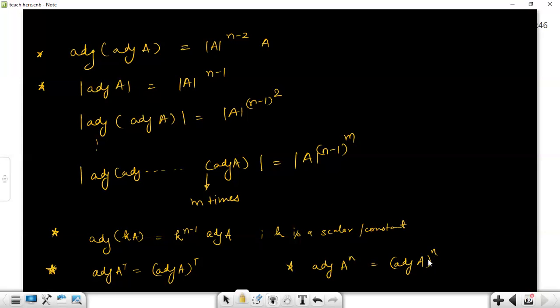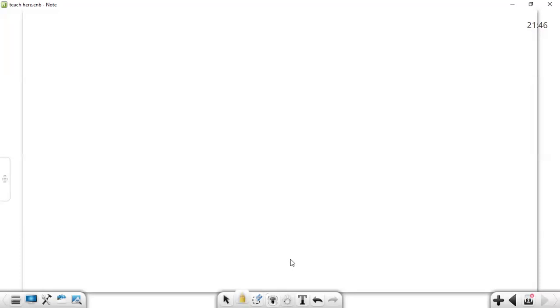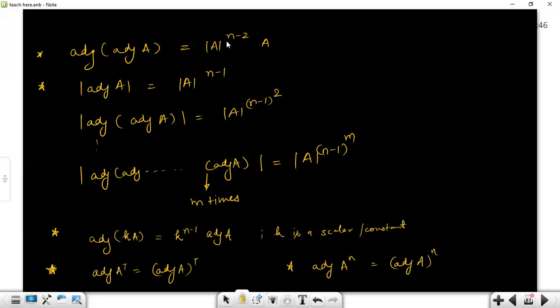Please read. If there's any doubt in understanding these properties, please let me know. Any doubts in understanding these properties? No doubts? Yes, please respond.